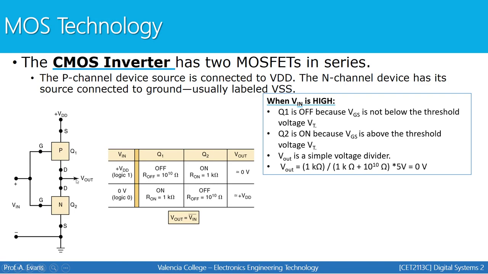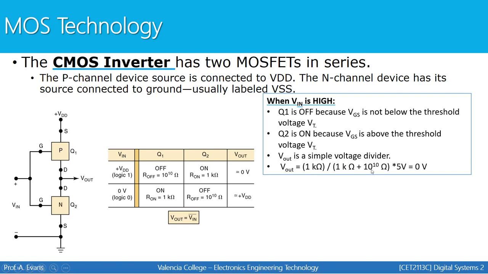The voltage across Q2 would be the resistance of Q2 when it's on, which is 1K, divided by the sum of the resistance of Q2 when it's on, plus the resistance of Q1 when it's off. Remember, when a MOSFET is off, it has a resistance of 10 to the 10 ohms.